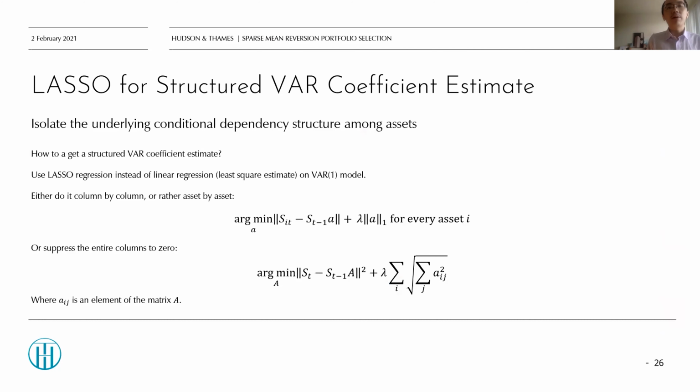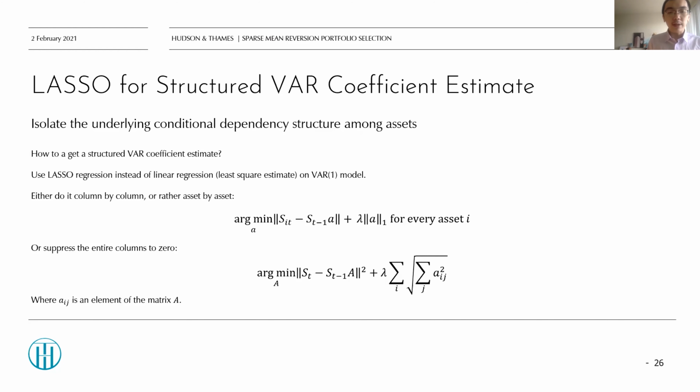Okay, so once we get the covariance matrix estimate, now we will look for the structured VAR coefficient estimate. So here we actually have two options. We can either use the vanilla lasso regression on the VAR1 model. In order to do this, we're going to do this column by column, asset by asset.